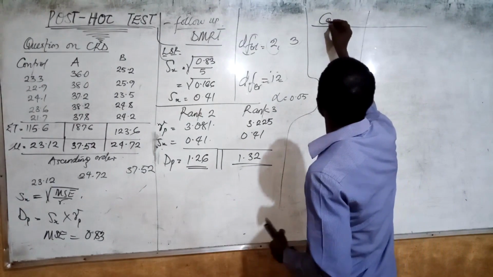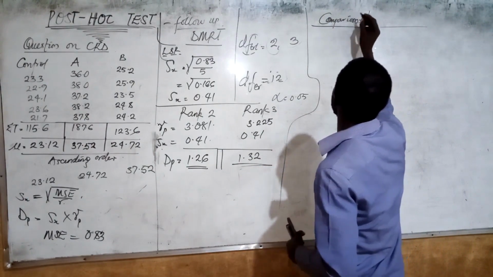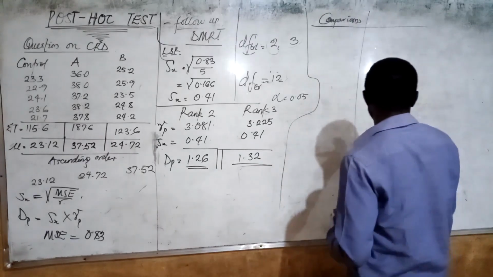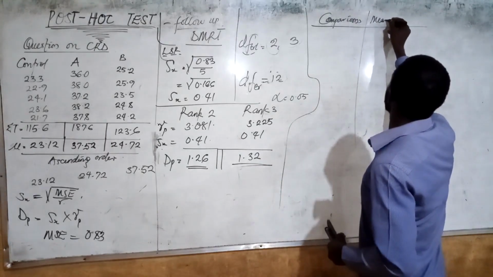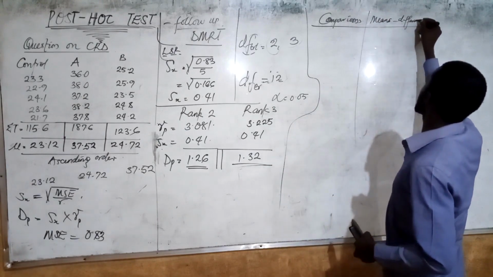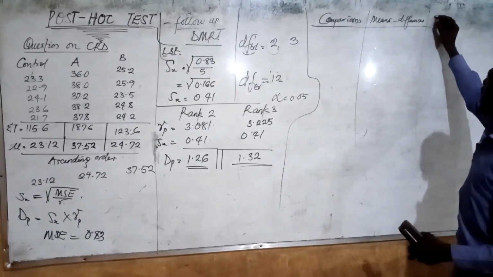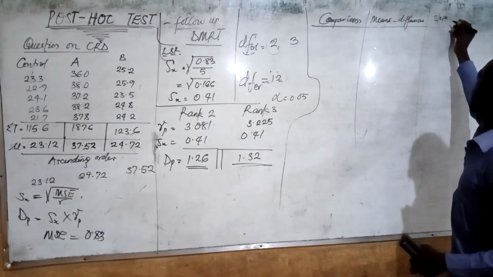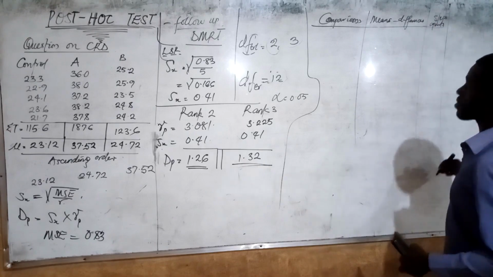So we have our comparisons here, and then we have our mean deviations, or the mean differences between them. Then how many steps apart they are from each other.